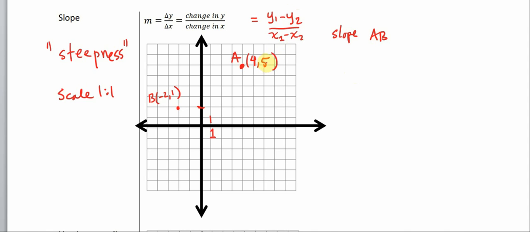We can use 5 here as y1, so this is equal to 5 minus 1, divided by the x coordinates, which in this case is 4 minus negative 2. This turns out to be 4 over 6, which simplifies down to 2/3.